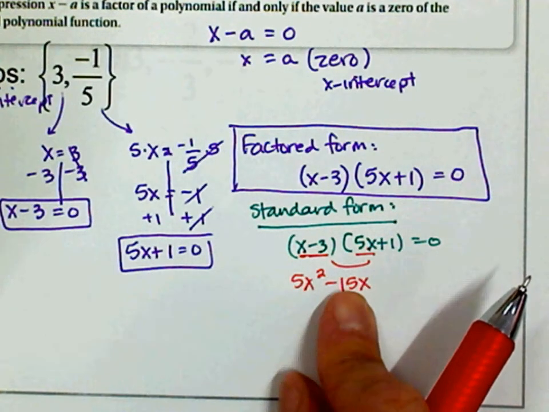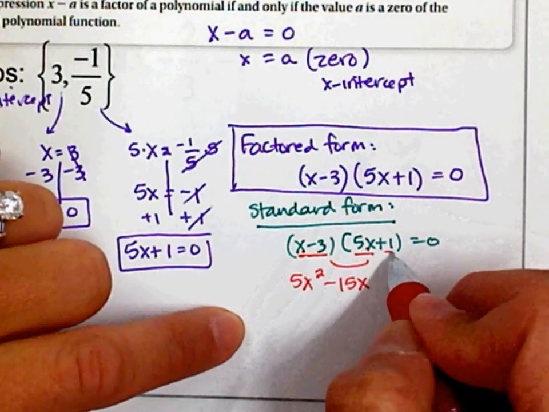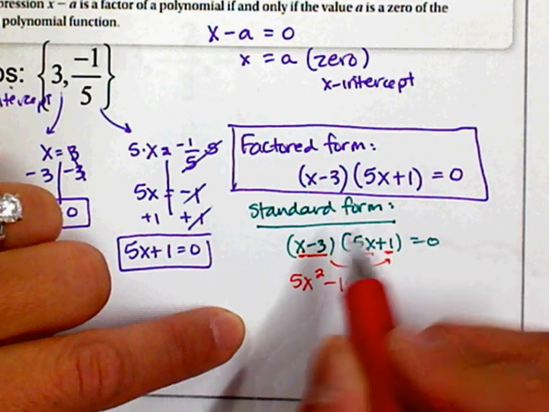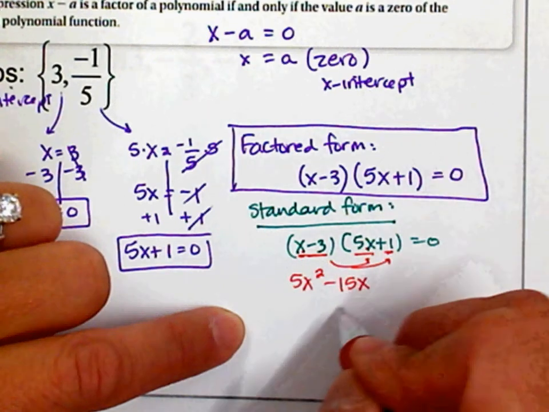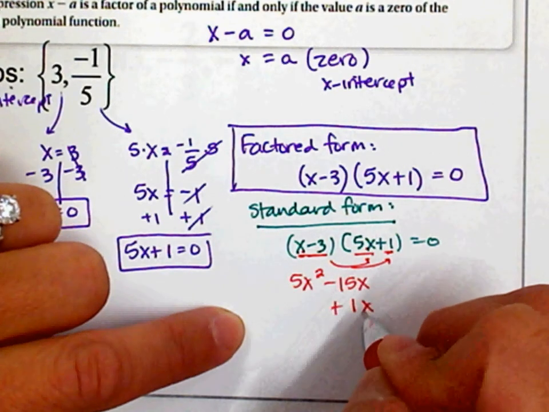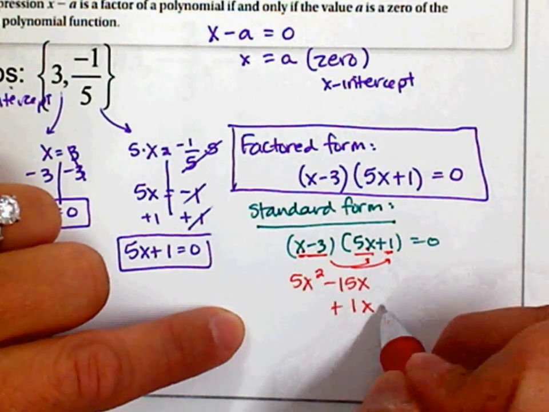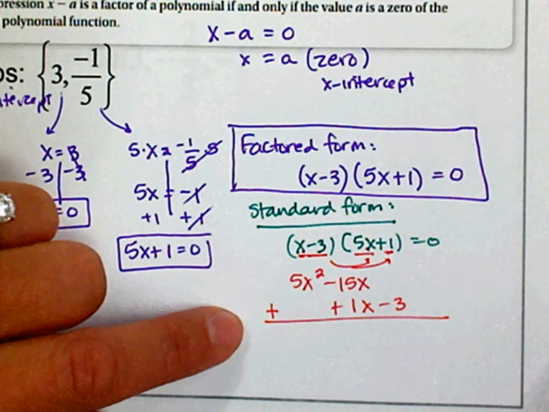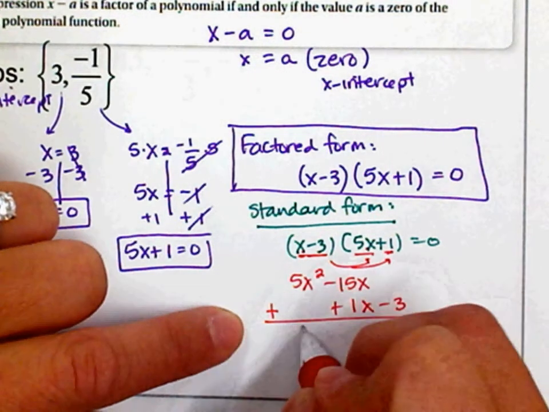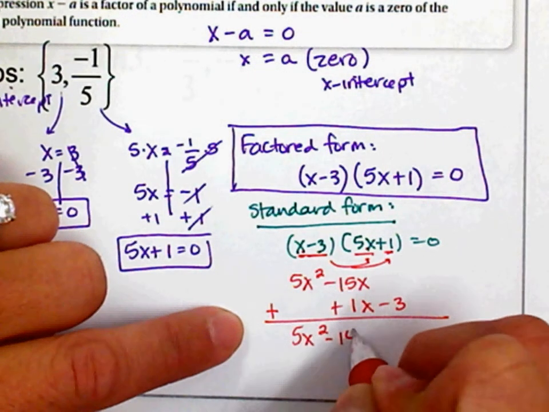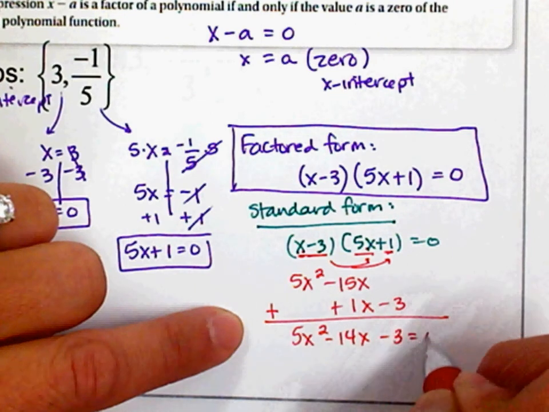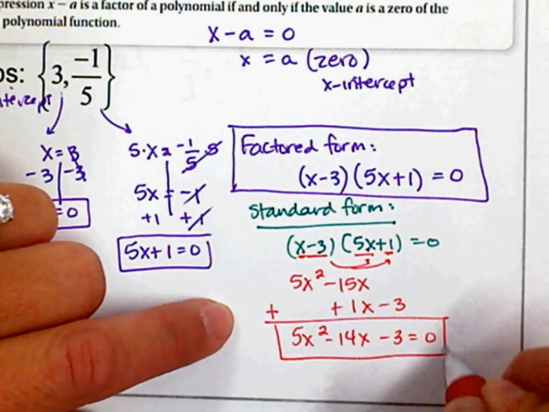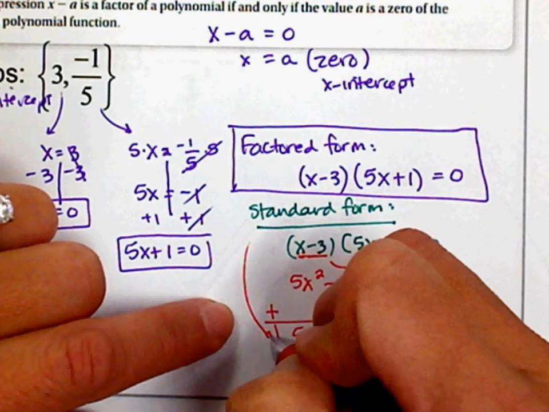Okay? Next, you're going to take it and multiply it times positive 1. x times 1, I'm going to write plus x, negative 3 times 1, negative 3. And then all we do is combine like terms. Remember doing that? So 5x squared minus 14x minus 3 is equal to 0. And there you have your standard form.